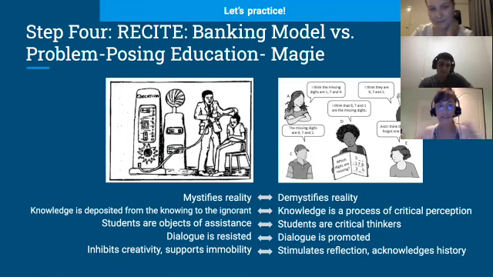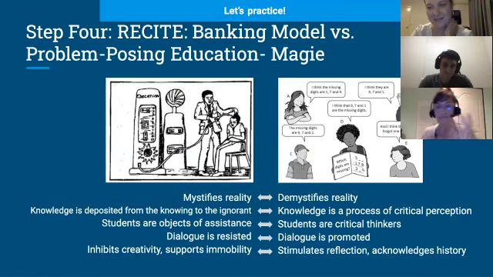While taking notes during this stage, I tried to really boil down the main differences between these two styles. The banking model mystifies reality, whereas the problem posing model demystifies reality. By this, I mean truth is something that some people have and other people don't, whereas in the problem posing model, it's a process.